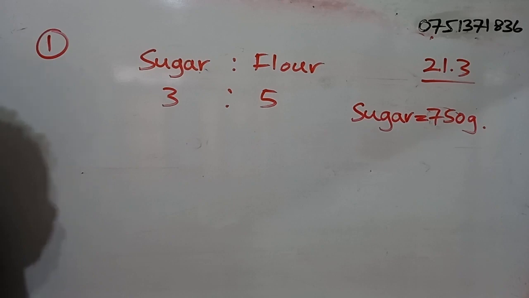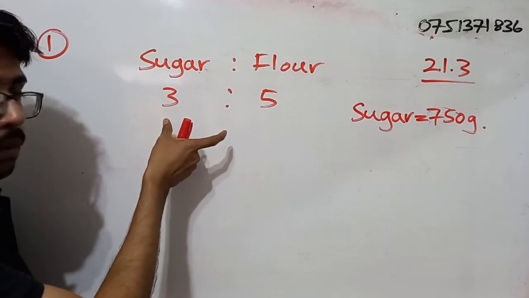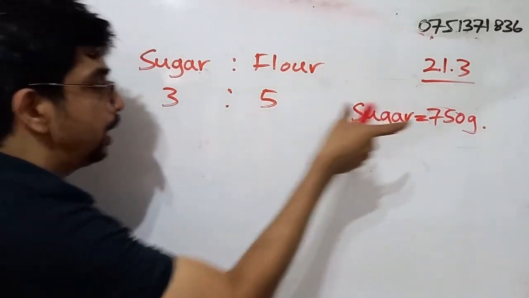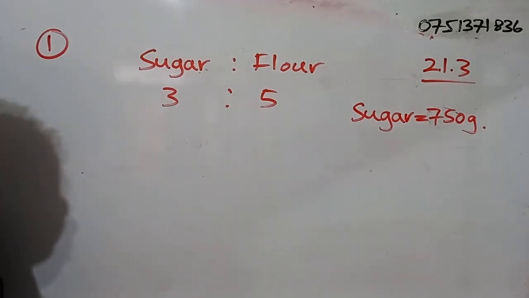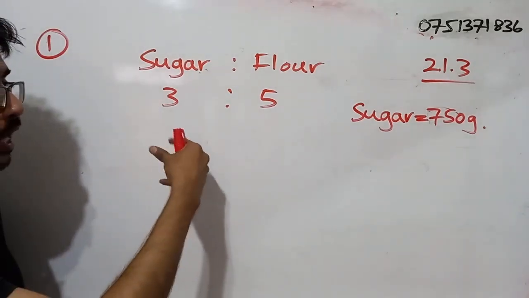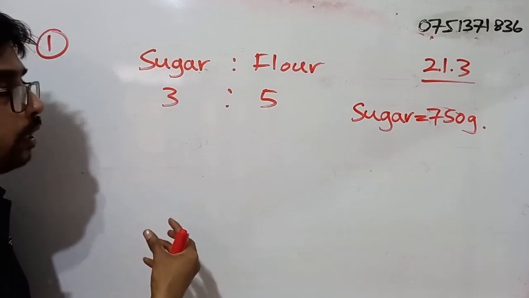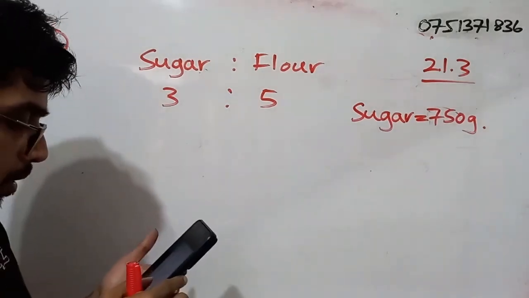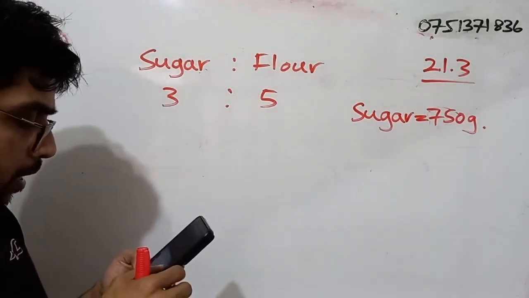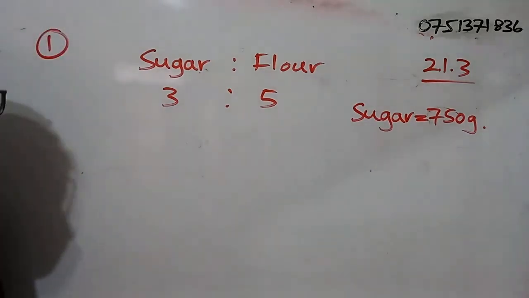So we know the ratio and the amount of sugar. In the question they are asking us to calculate the total mass of the mixture. Find the total mass of the sweetmeat mixture.